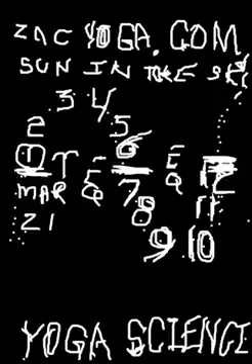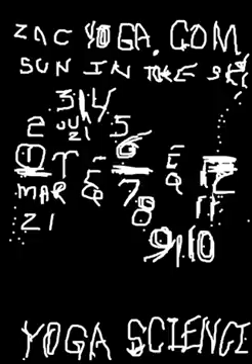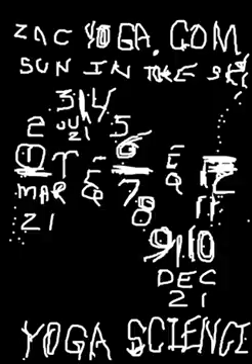When you get up here to this section, this is June 21st. That would be the summer solstice and the longest day of the year. And then if you came down here to December 21st, that would be the shortest day of the year, longest night.